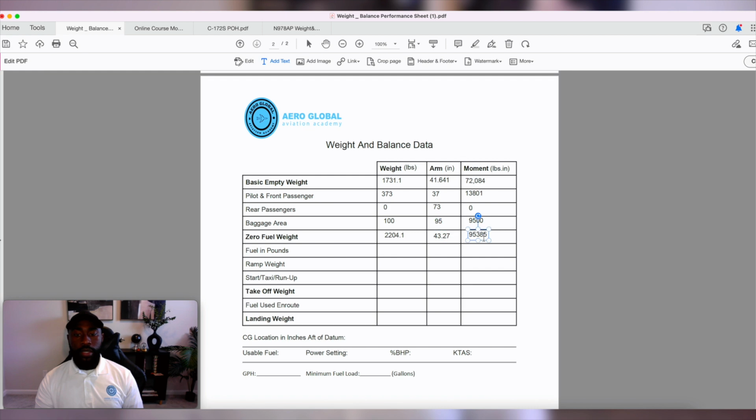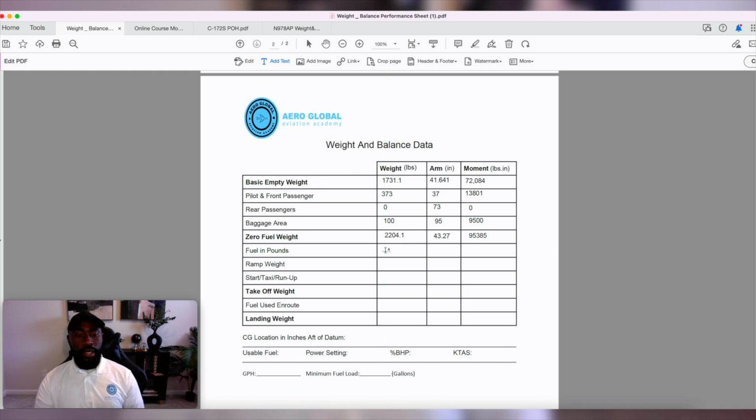So get that, and we move on to the next line, which says we need to get our fuel in pounds. So let's pay attention here again, because there's a few specific things we need to review on this part.